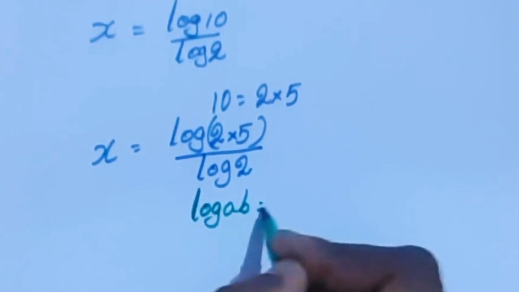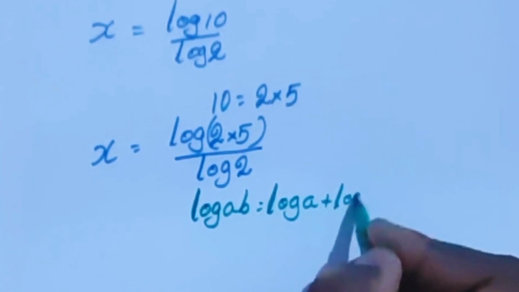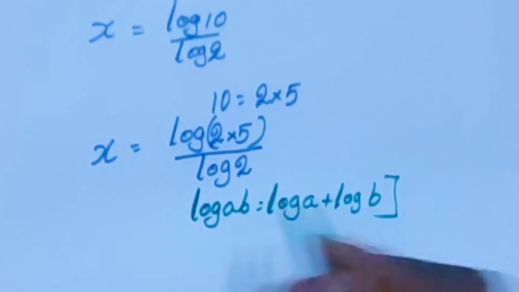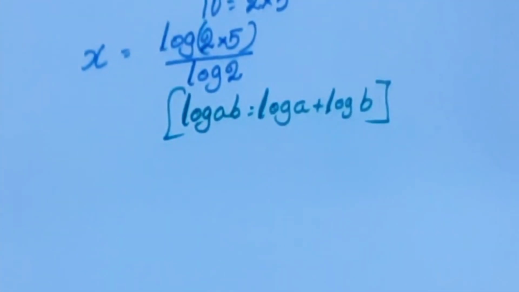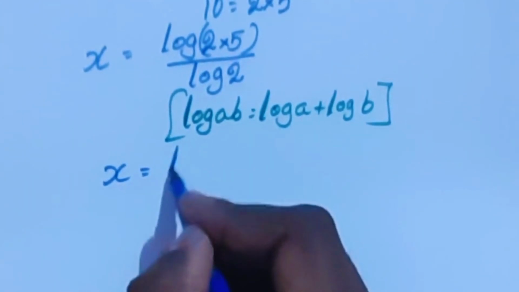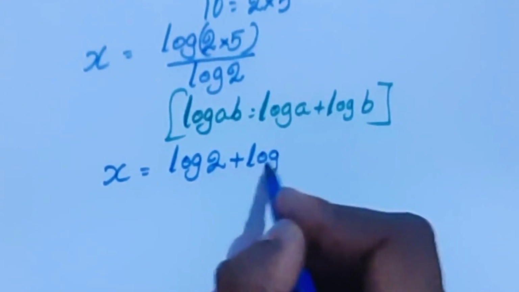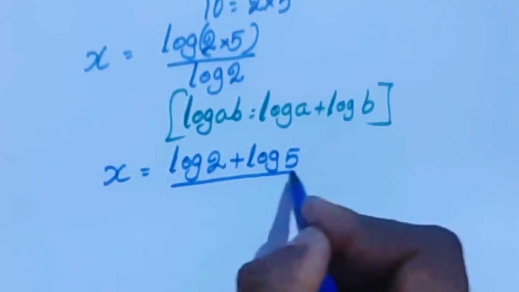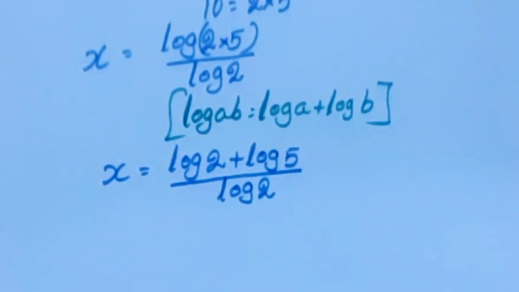Log a b equal to log a plus log b. This log formula we are going to apply here. So we'll get here x equal to log 2 plus log 5 whole divided by log 2.